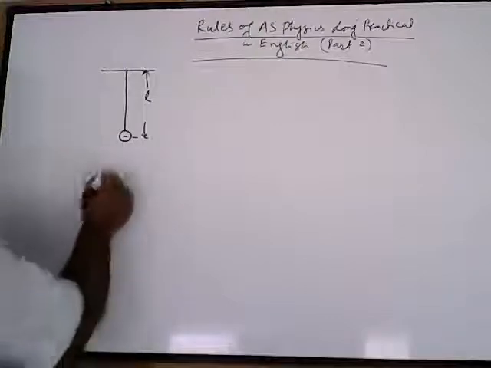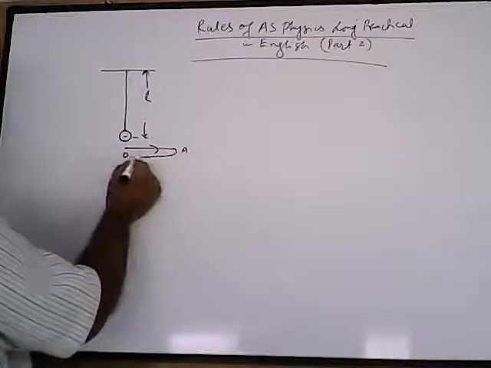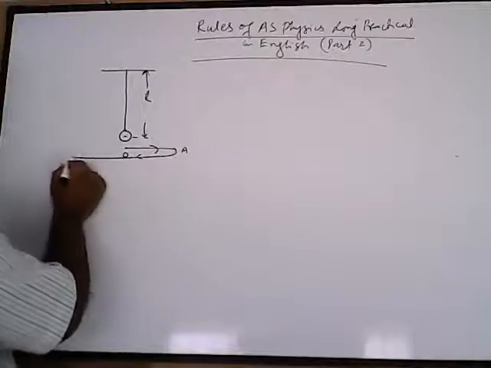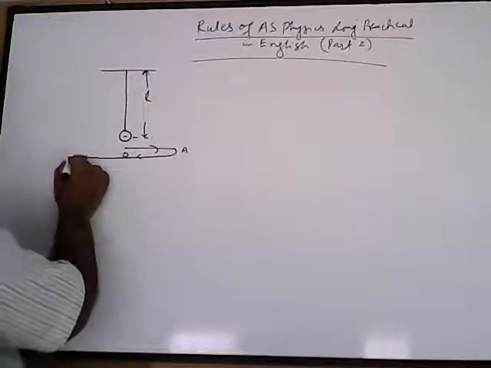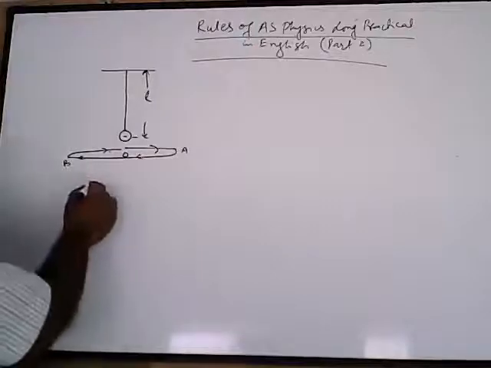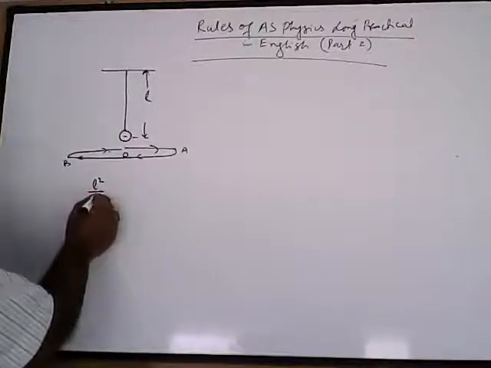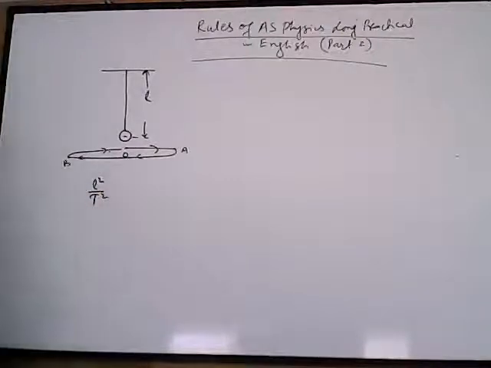This is O to A to O, then A to B, then B to O again. This is one oscillation, and you have to note the time for 20 oscillations. And in the end, suppose the examiner says you have to record the value of L square upon T square. How will you make the column headings?